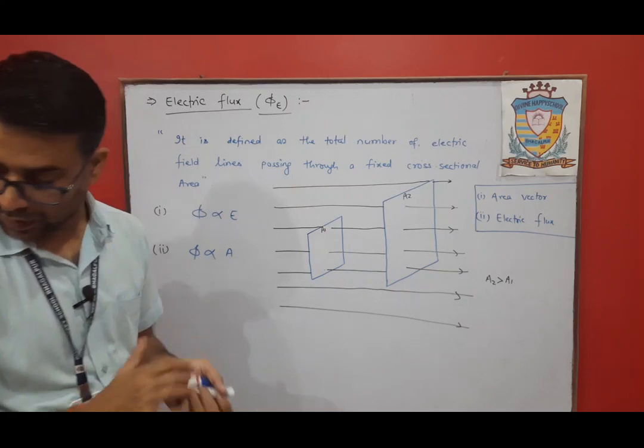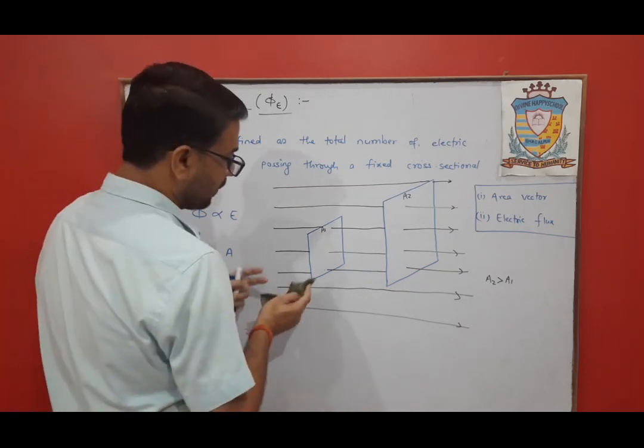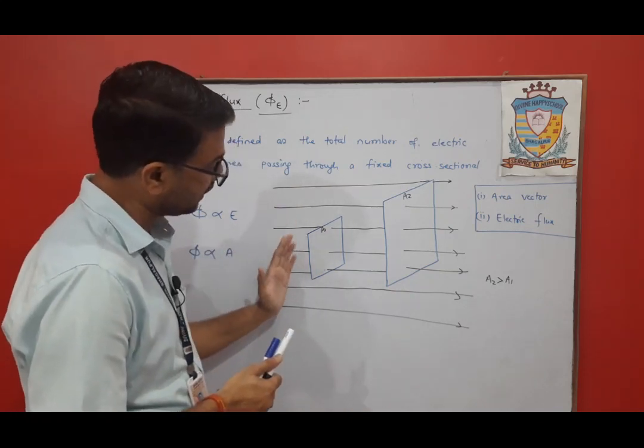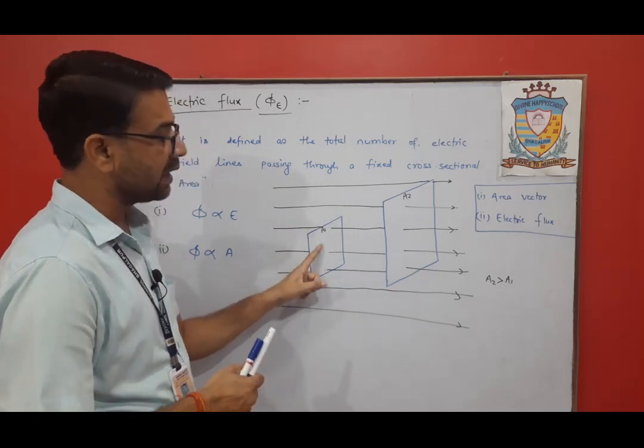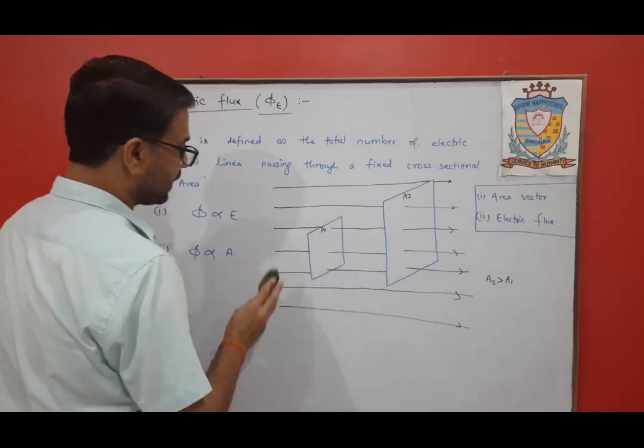Third one is the angle, meaning we will see the angle between this area vector and the electric field intensity.